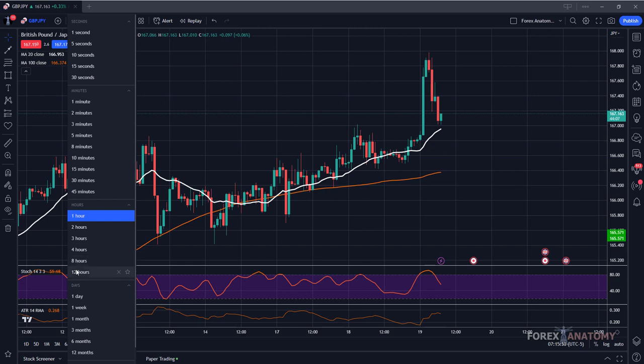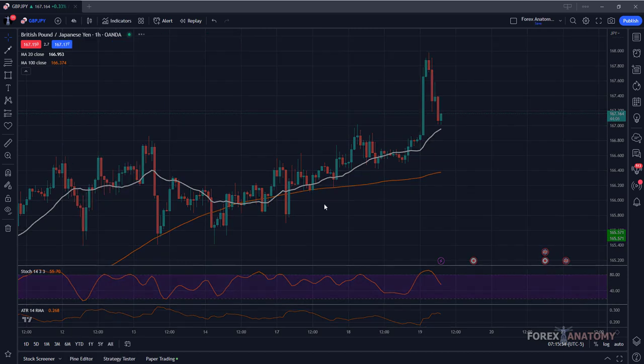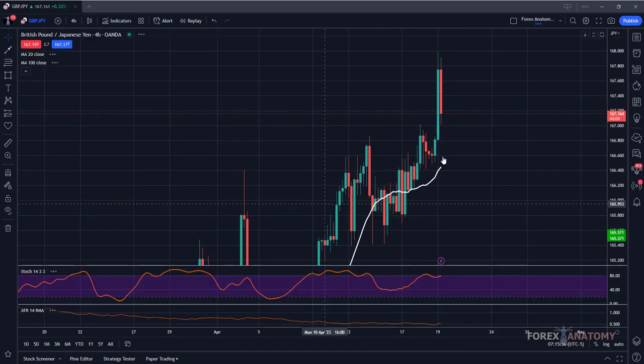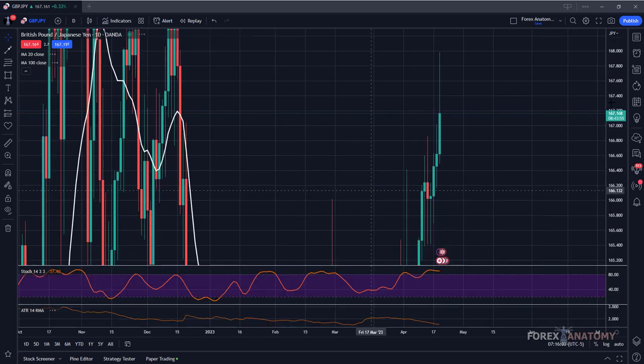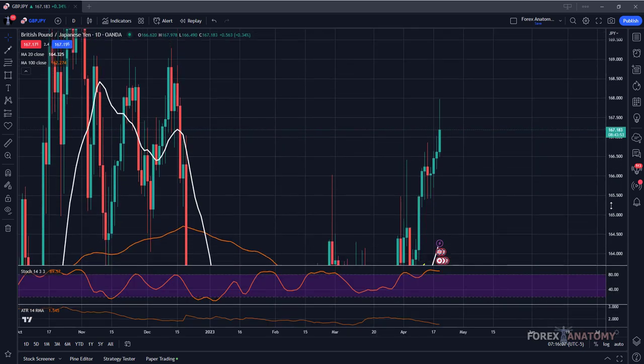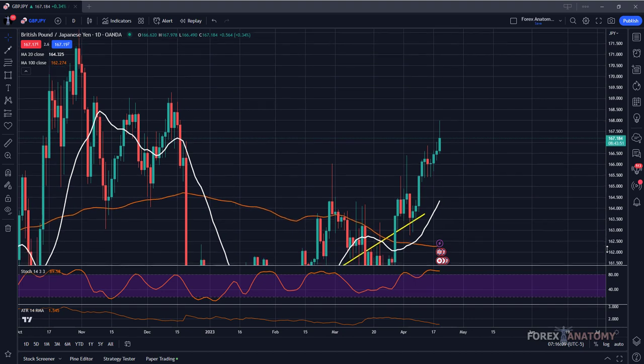Let's go to the 4-hour and see what it's showing us. Is the 4-hour bullish? Yes, it is. What about the daily? The daily is going up as well. Of course, we have to be concerned because we are encountering this zone of potential supply right around here on the daily.